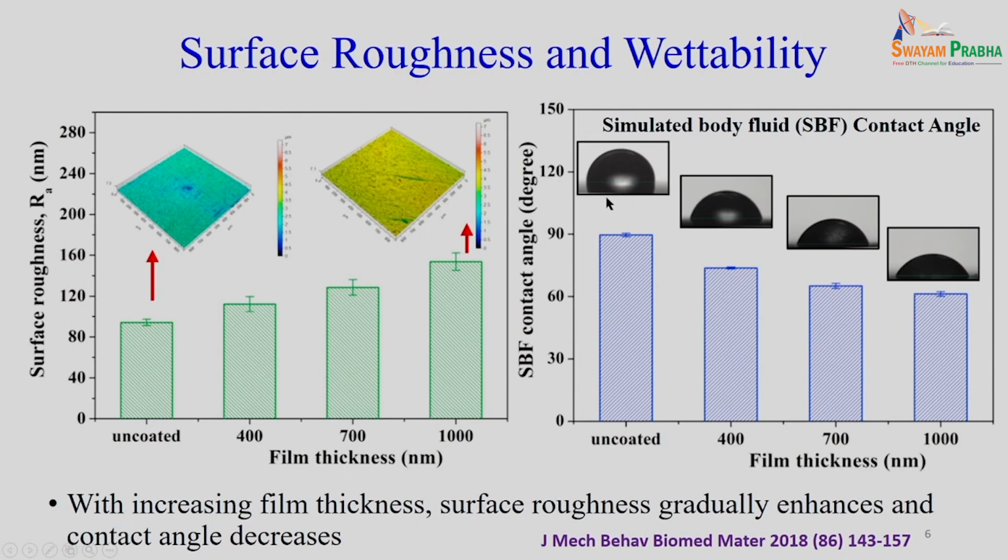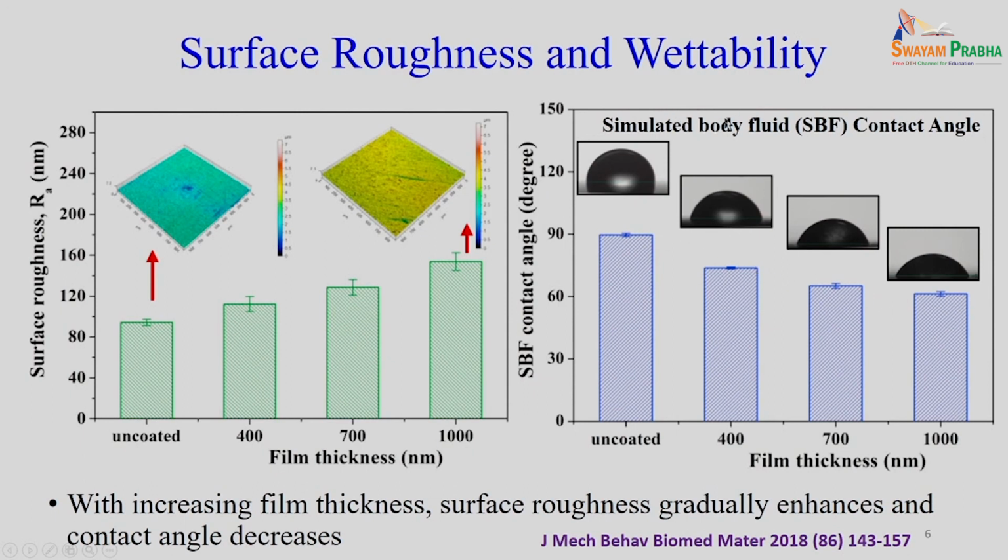Now, similarly, if you are depositing hydroxyapatite, it is expected to be more hydrophilic as compared to the titania. So, for titania the contact angle was close to 89 or less than 90 degree, and after the deposition, depending on the thickness, we observed that the contact angle, or you can say the wettability, decreased.